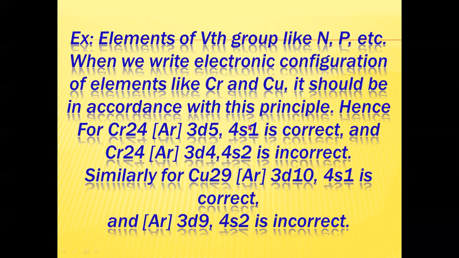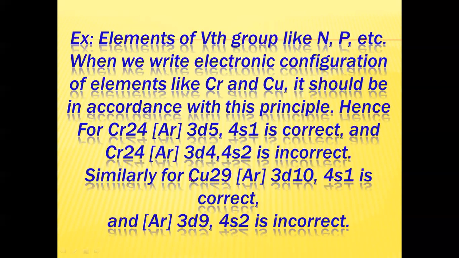Five electrons will go to the d orbital and one electron to the s orbital, which makes both sublevels half filled because it is a stable element. So this is the correct method to write the electronic configuration of chromium, whereas if we write 3d4 4s2, it will be incorrect.